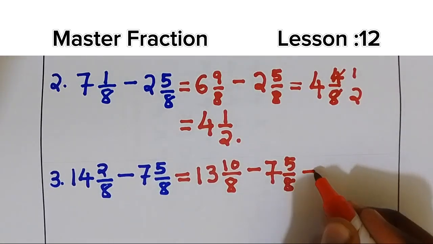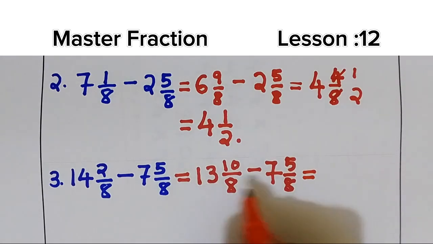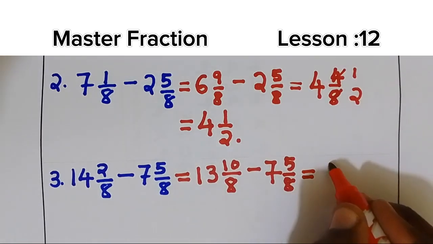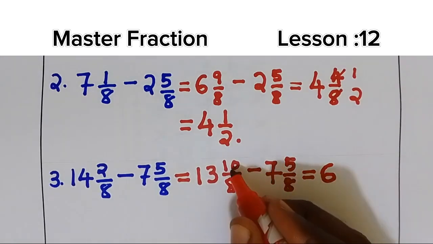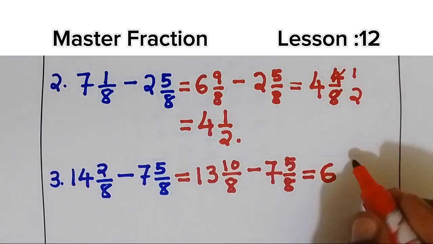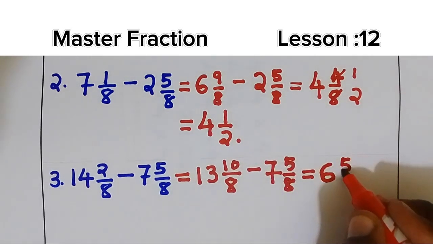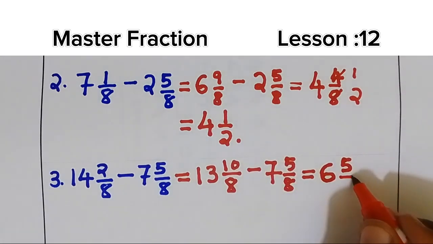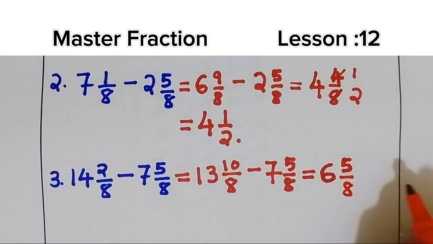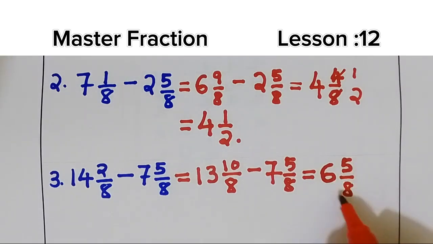This is equal to 13 take away 7, we remain with 6. 10 take away 5, we remain with 5 over 8. But we can't simplify further this fraction. So our answer is 6, 5 over 8.